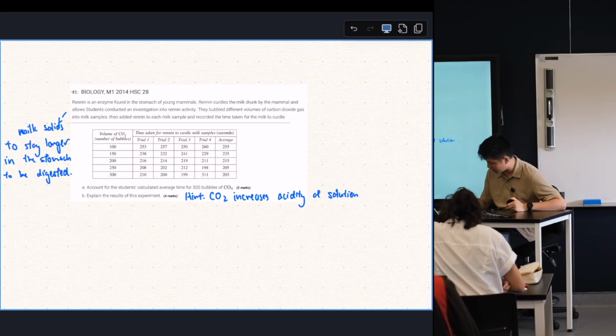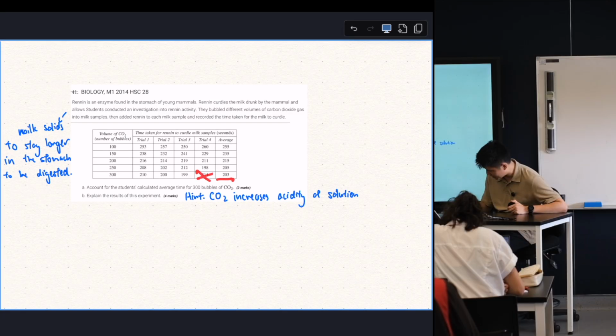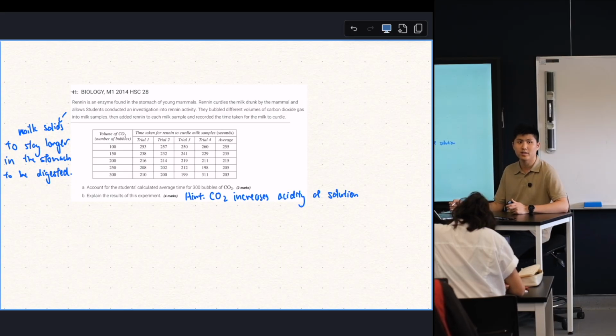Yep, right. So all the data is consistent until you get to this thing. This is a huge outlier, and you can tell that they've calculated the average and disregarded the number 311, right?